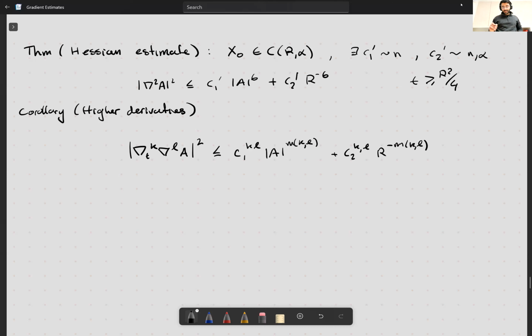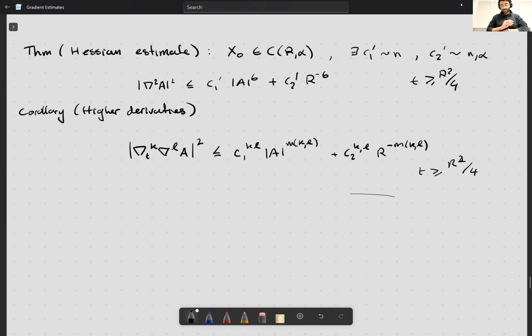I said that this is kind of straightforward, but it's actually not that straightforward, because in the actual paper, all of these need to be proven in the presence of surgery, right? So for that reason, these higher derivatives are slightly harder to do, though I don't really know exactly how it works.